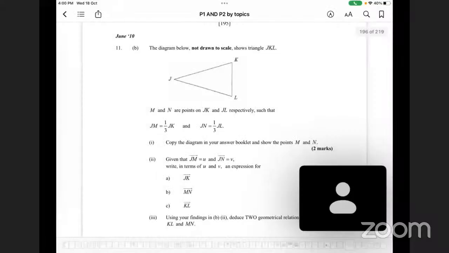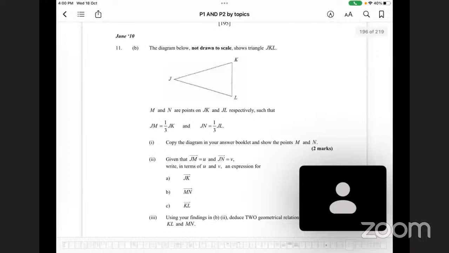All right, let's try June 2010, number 11. Oh crap, I forget that thing there, I can't do nothing about that. But let's focus on getting the diagram.